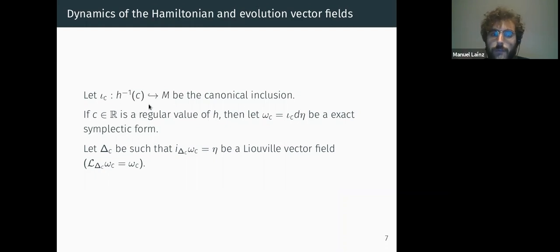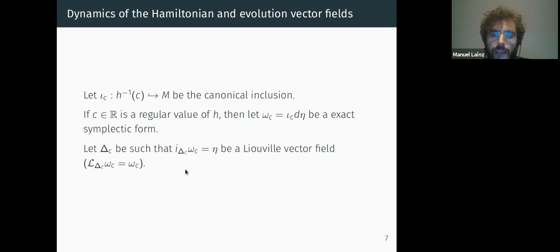H to the -1 of c is a hypersurface, and we will define on this hypersurface, this should be an iota star here, the pullback of the differential of eta to that hypersurface, which is a symplectic form, indeed an exact symplectic form, because it is the differential of the pullback of eta.